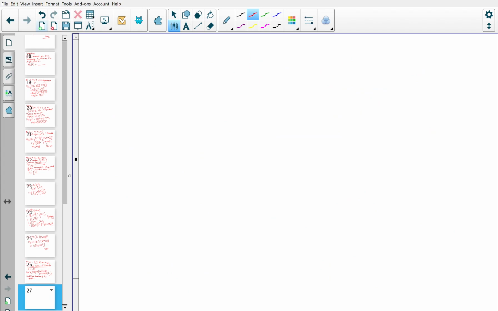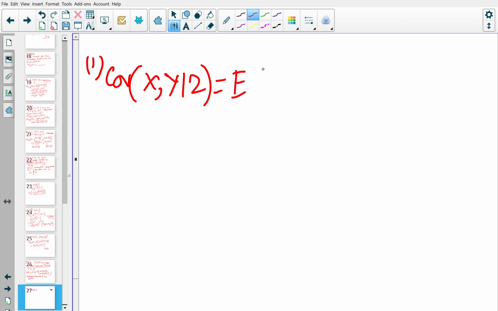Number one, a simplification, a simple problem: the covariance of X with Z you can write as the expectation of XY with respect to Z, and this is the same as the unconditional one.